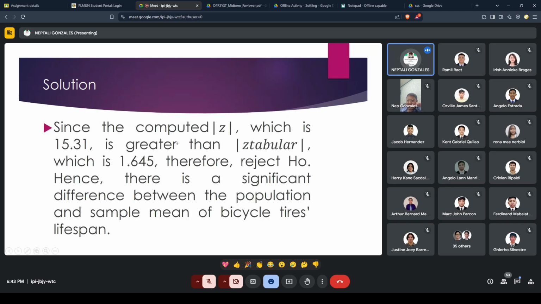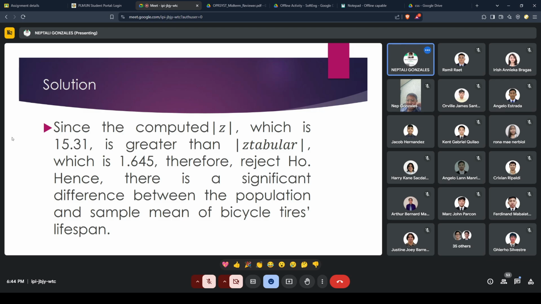So since the computed Z value, which is 15.31, is greater than the Z tabular, which is 1.645, therefore, we are going to reject the null hypothesis. Hence, there is a significant difference between the population and sample mean of bicycle tires lifespan. So meaning, again, yung kiniklaim na naman niya ay hindi totoo. Na kahit new design pa yon, mas tatagal daw ng 5 years. So sinasabi niya yung mga bicycle tires.